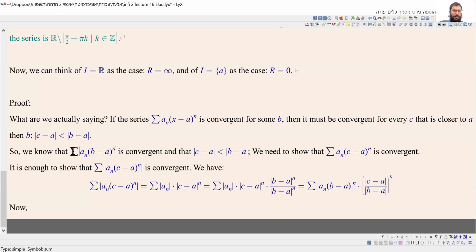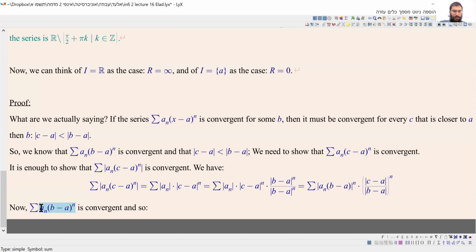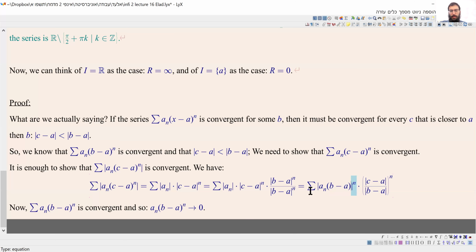This series is convergent, and so its general element goes to 0.